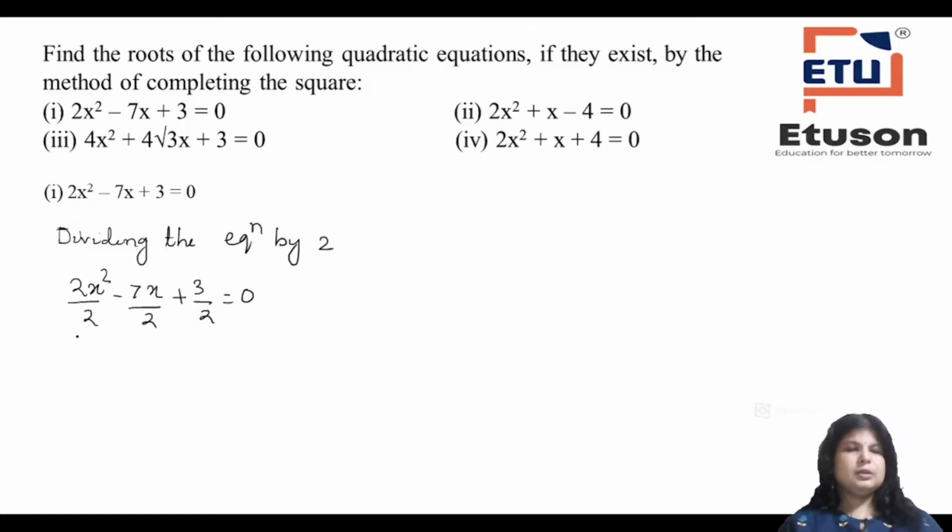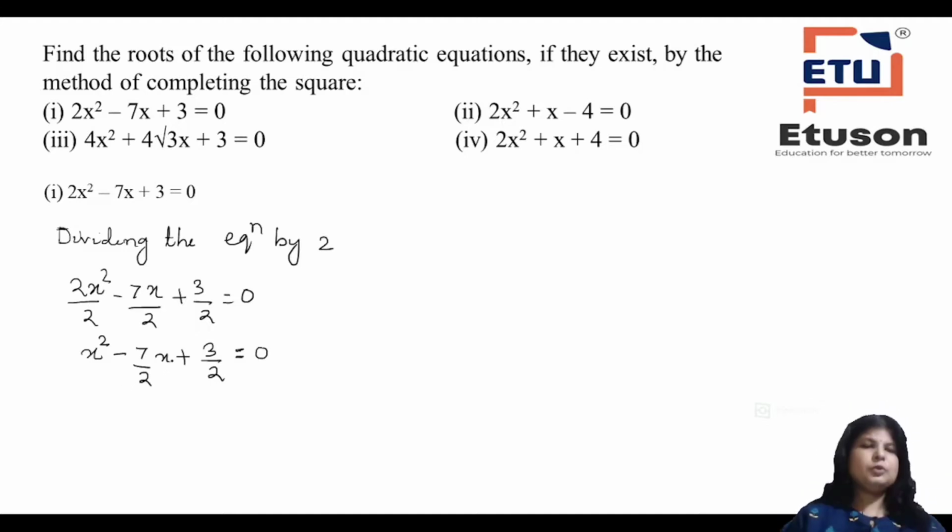Correct or not? So now this will be x square minus 7 by 2 x plus 3 by 2 is equal to 0.